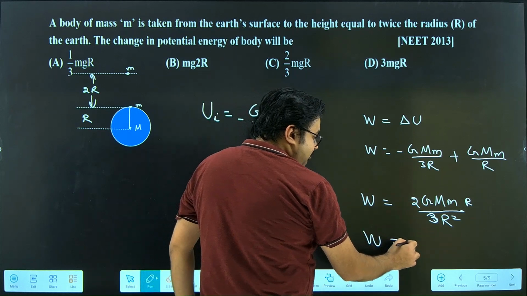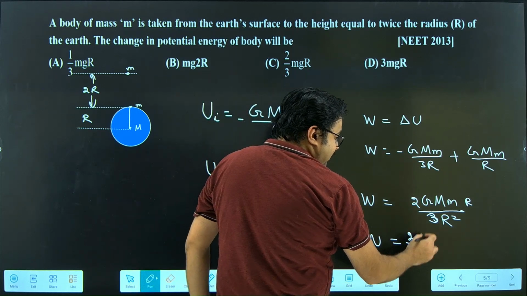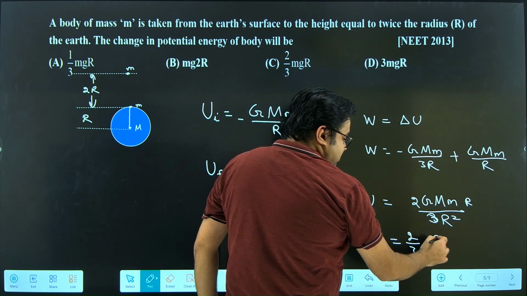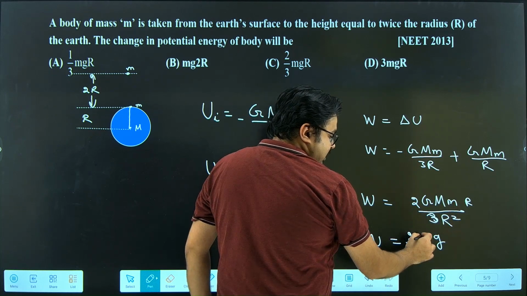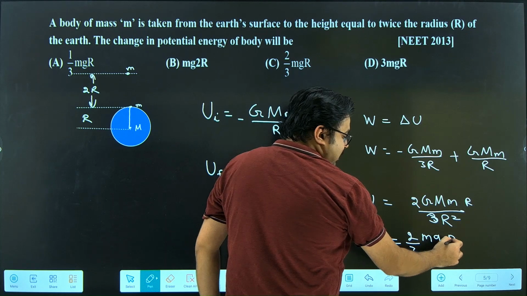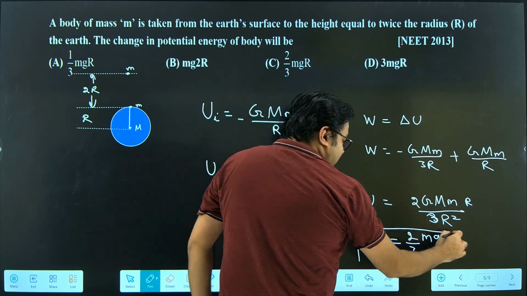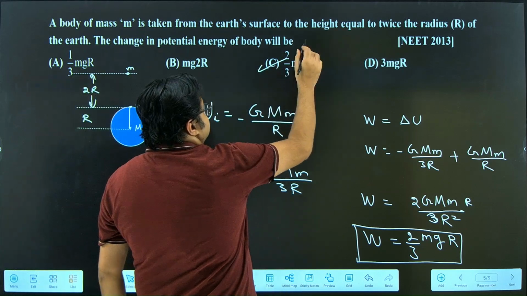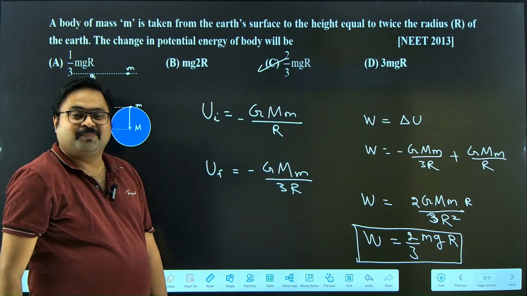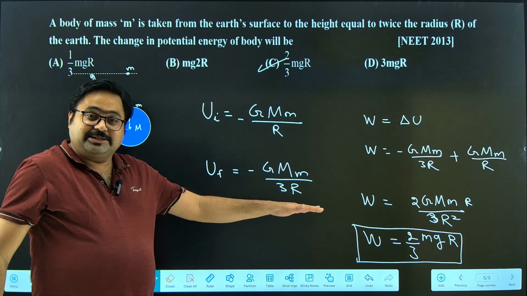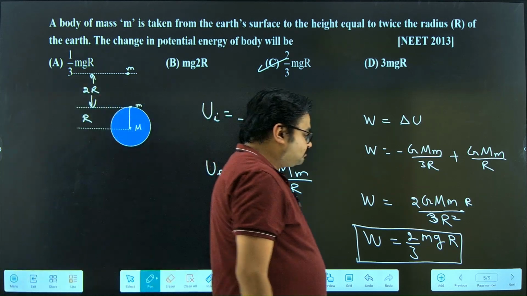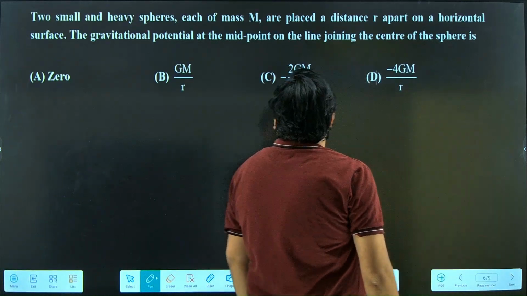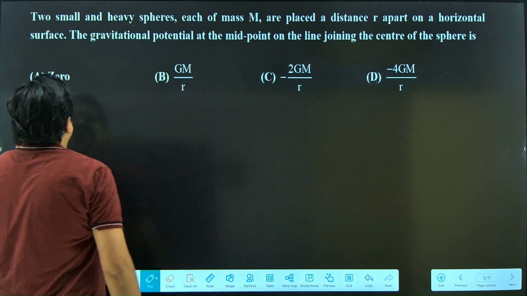So the work done can be written as 2 divided by 3, GM by R squared is small g. There is a mass m here and there is the radius R. So we have W equal to 2 divided by 3 mgR. 2 by 3 mgR is option C. That's how you crack the question. Anyway, going further, let's look at another question here.